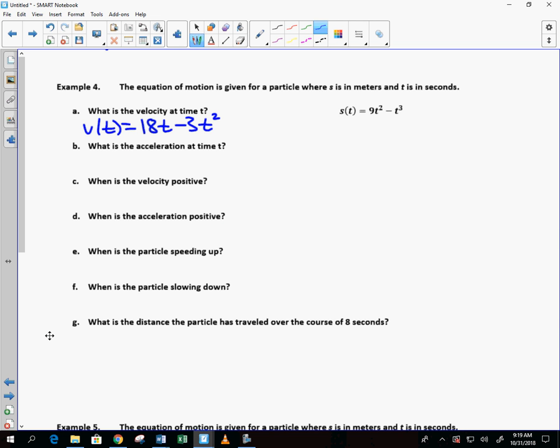That's fine. What's the acceleration? Yes. Now it's asking me for when the velocity is positive and when the acceleration is positive.